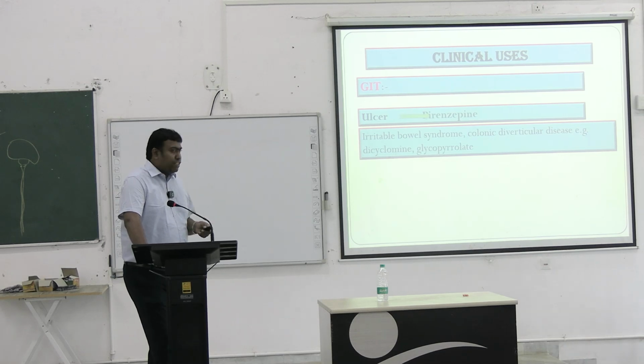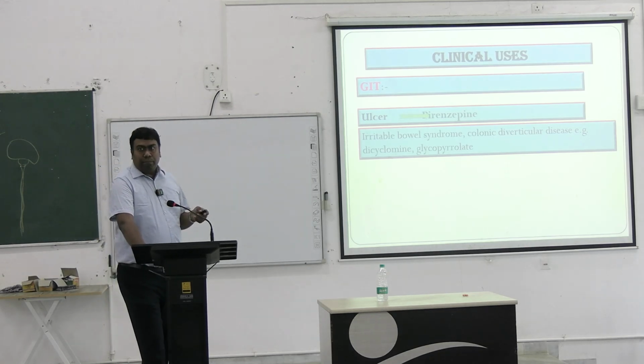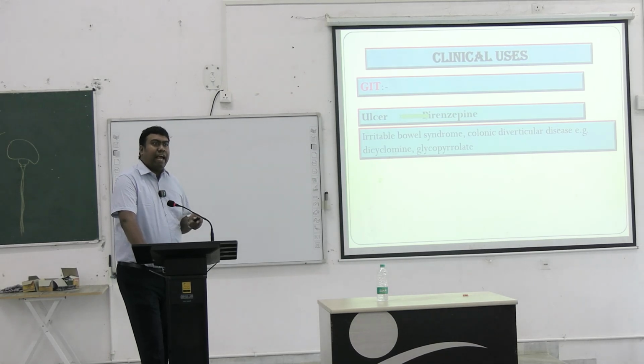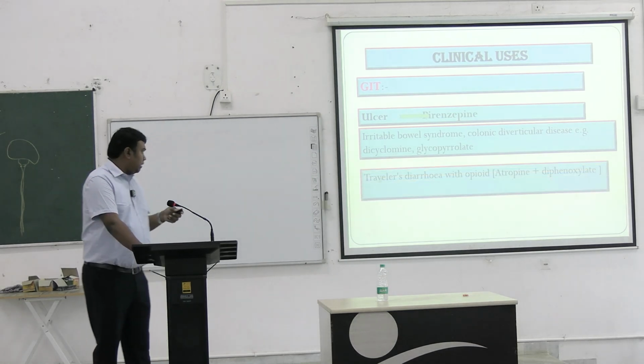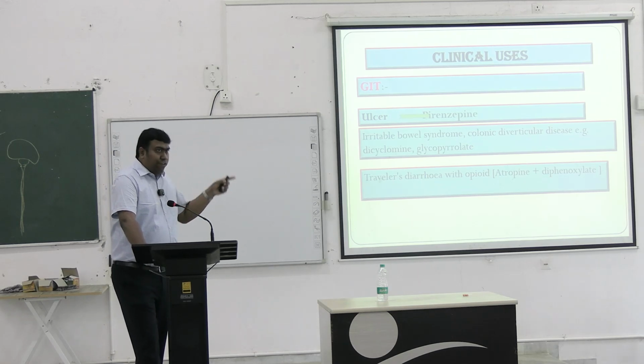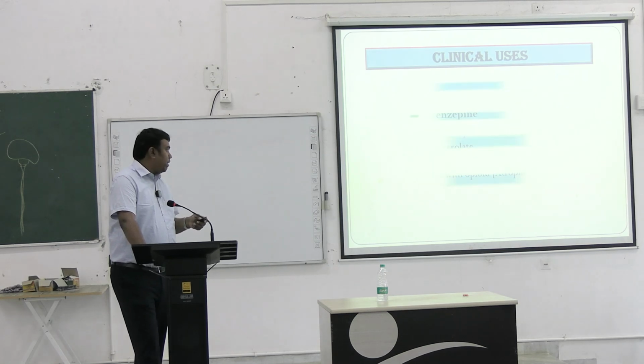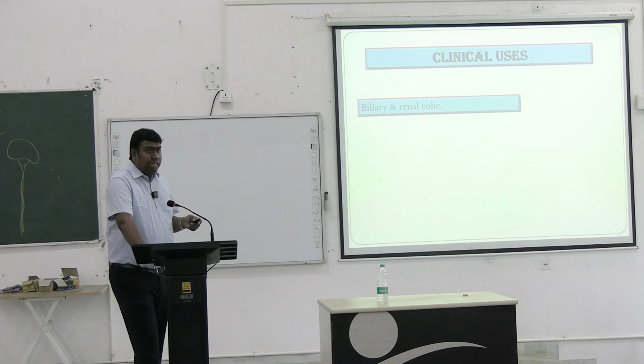Similarly in irritable bowel syndrome, colonic diverticulum, or undiagnosed abdominal pain, we can use anticholinergics as antispasmodics. In traveler's diarrhea, after control of the infection, we can use atropine along with opioid type drugs. In biliary colic, gallbladder stone pain, we can use an anticholinergic drug.